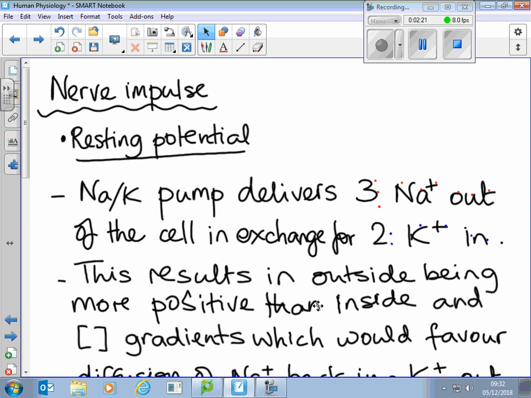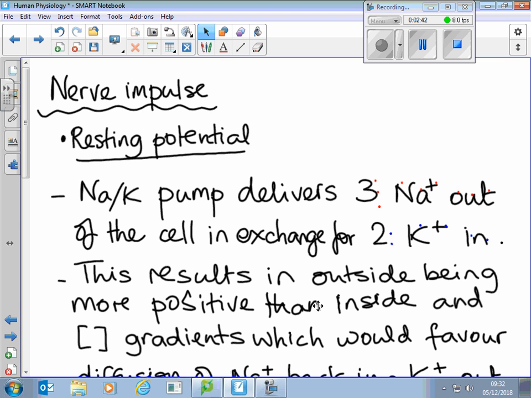So I might say the sodium potassium pump delivers, and then leave a blank, sodium ions out of the cell. So you've got to remember the number 3. Or I might give you the option of the sodium potassium pump delivers 2 or 3 sodium ions out of the cell. So you've got to choose the right one.